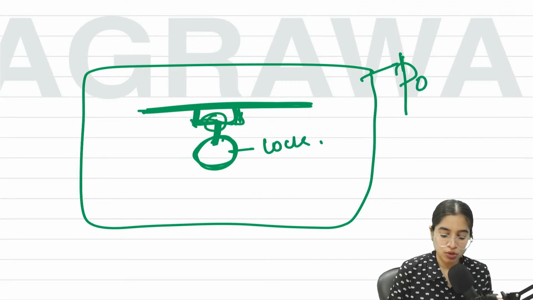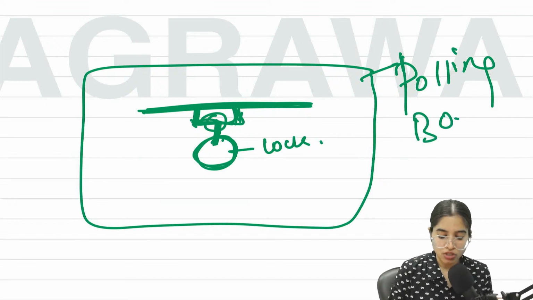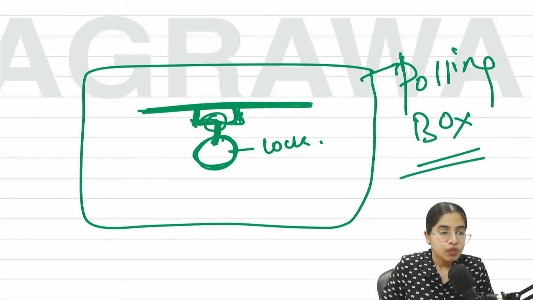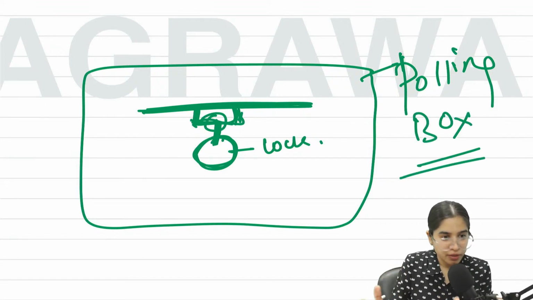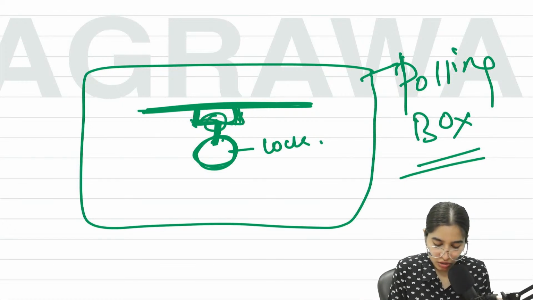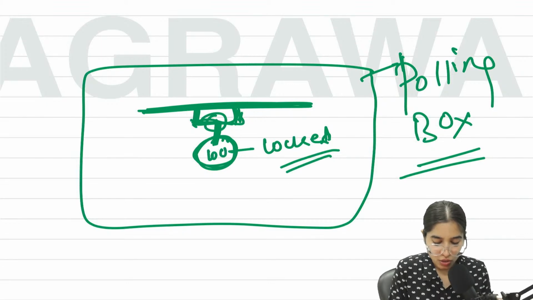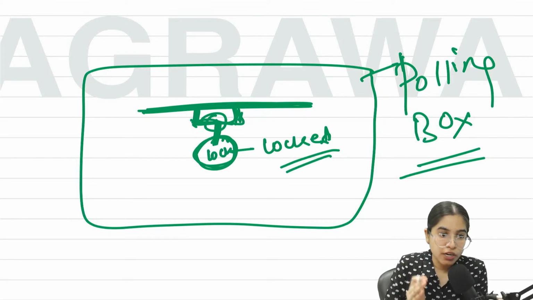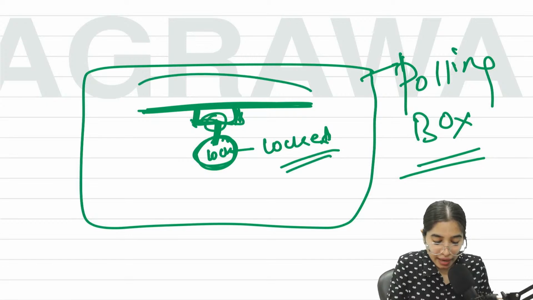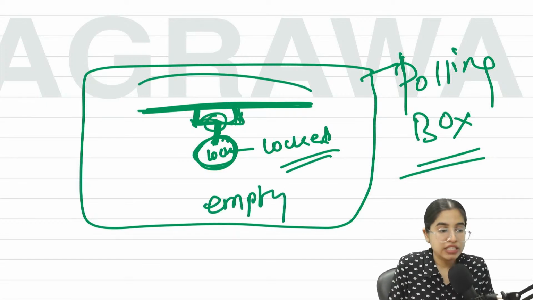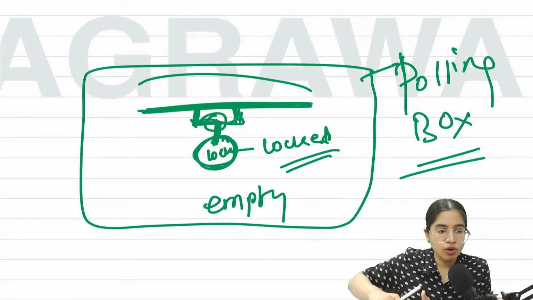This box is known as polling box. The scrutinizer has to prepare one polling box and it should be locked properly with a key, and it should be empty from inside. अंदर से खाली होना चाहिए और ताला लगा हुआ होना चाहिए.